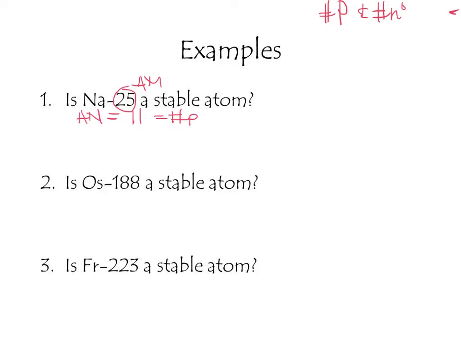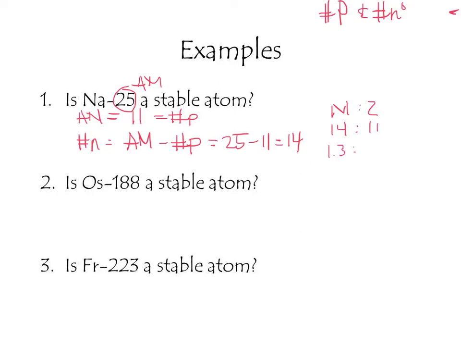Since we know the number of protons, we can determine the number of neutrons, which is the atomic mass minus the number of protons: 25 minus 11, which is equal to 14. Now we have to do the neutron to proton ratio, and that would be 14 to 11. If we simplify this, it is 1.3 to 1.